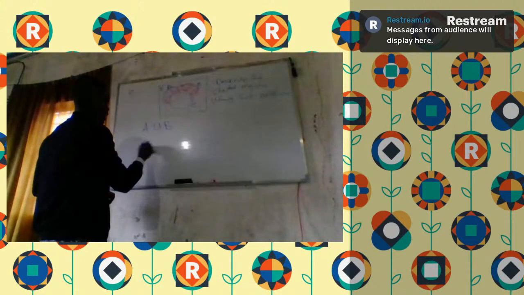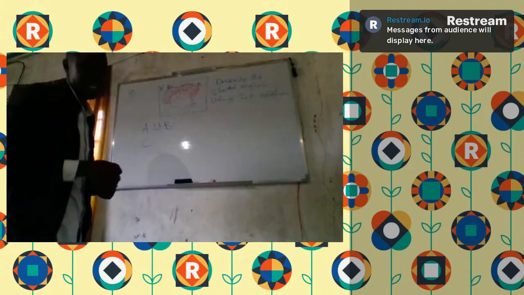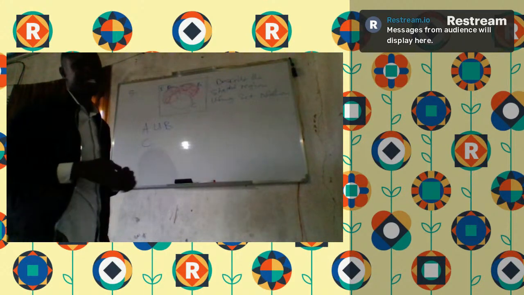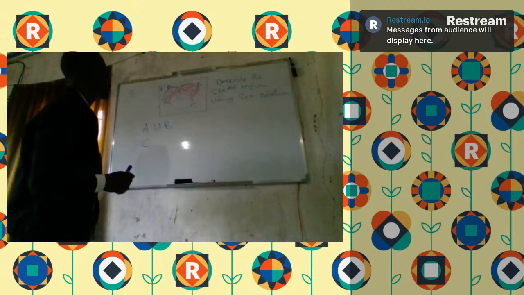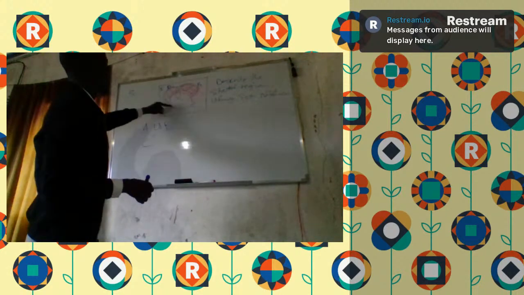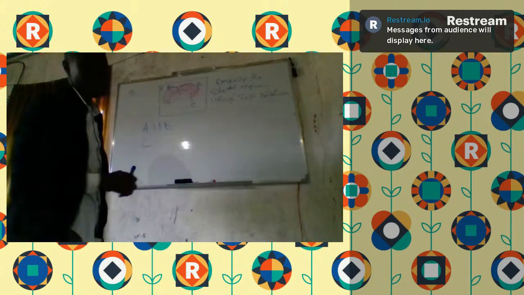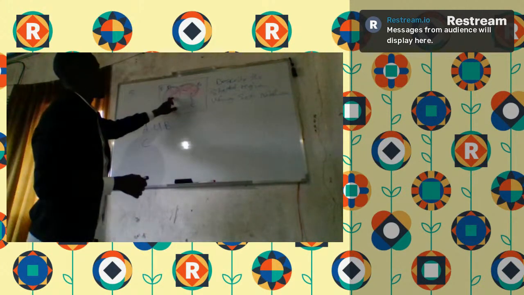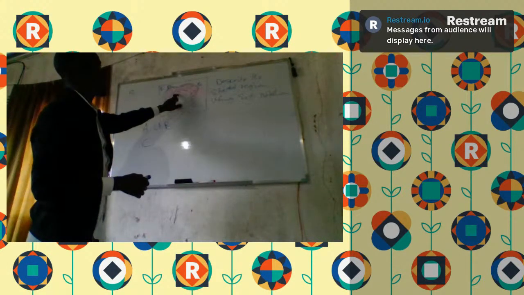Then if you were asked to shade set C, you were going to shade this, okay? That is these regions that are going to be included.